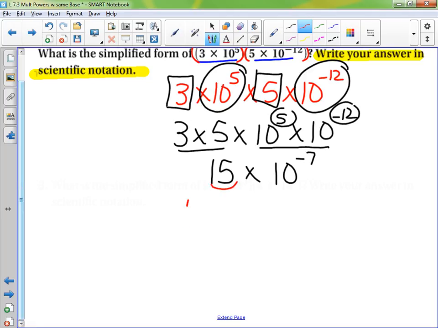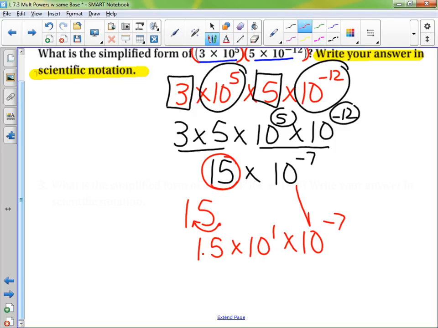First, I'm going to take 15 and write it in scientific notation. To do that, I have to move the decimal point back one place. And I get 1.5 times 10 to the first power. And that's a positive 1 on the 10 because this 15 is a big number, not a small number. Times 10 to the -7th. That just comes from there.